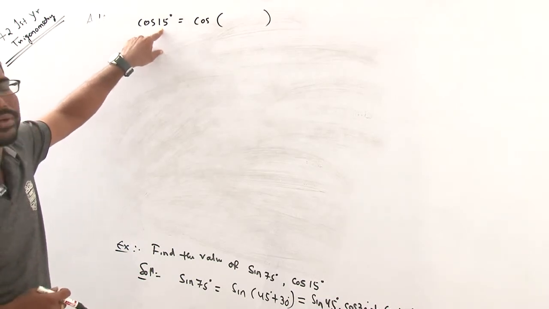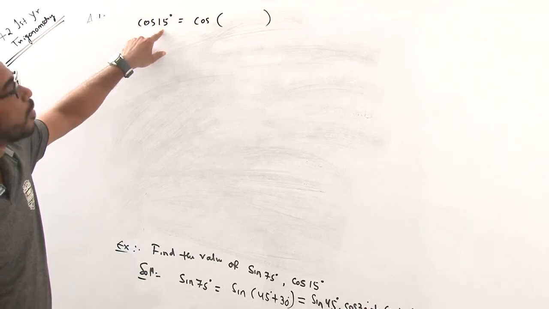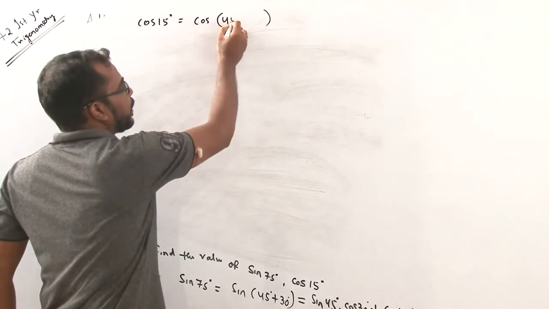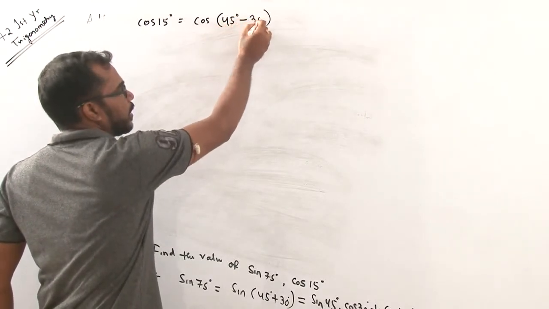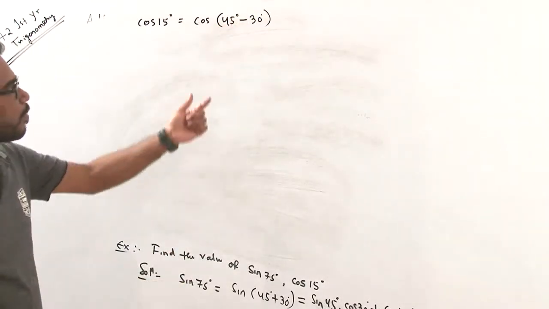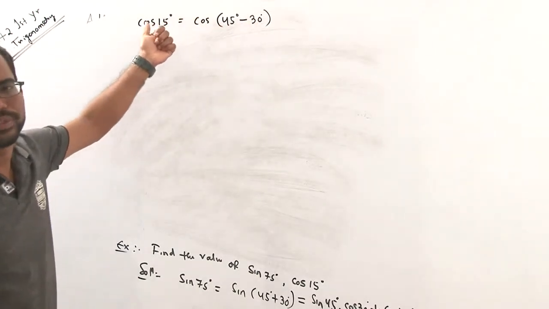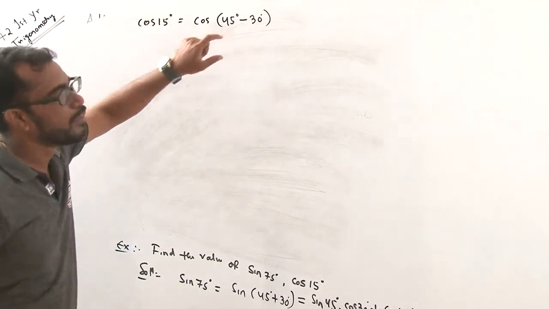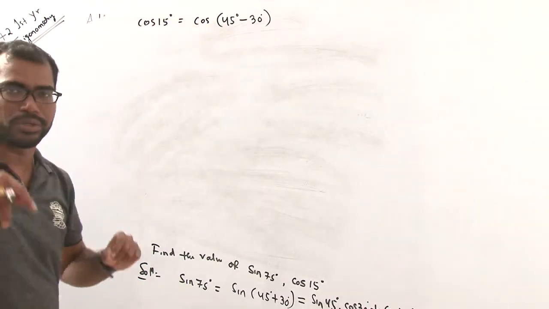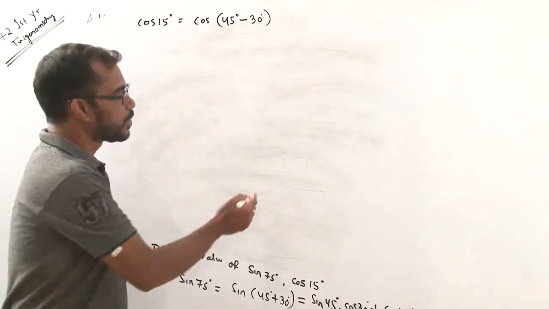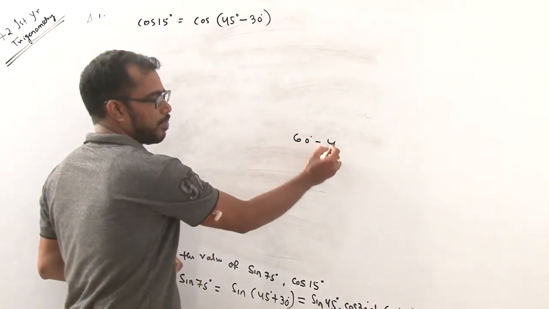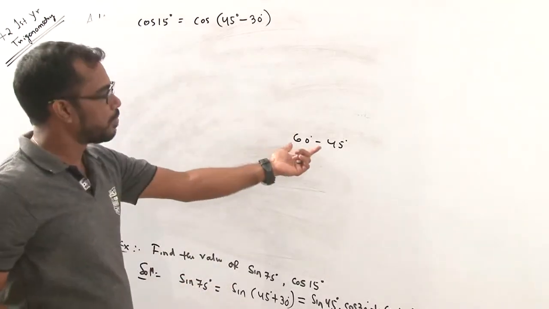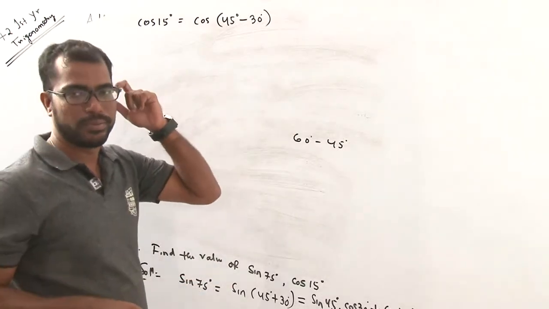But we can write 15 degree as 45 degree minus 30 degree, because 45 degree minus 30 is equal to 15. So in place of 15 degree we can write 45 minus 30, or we can write 60 minus 45.